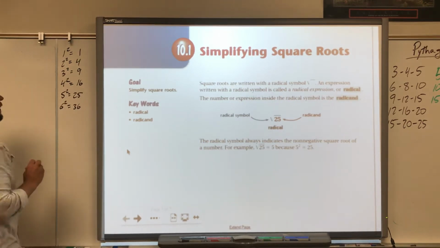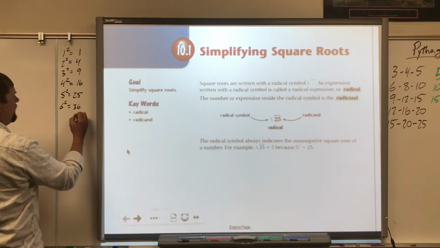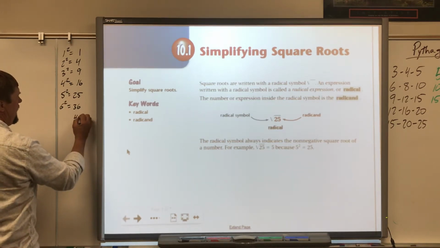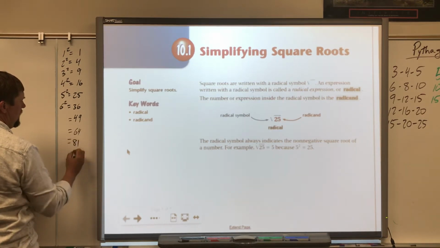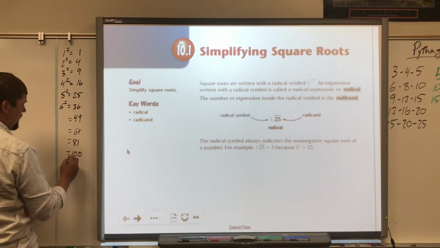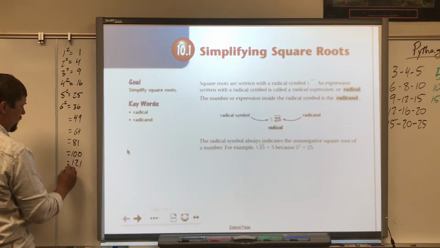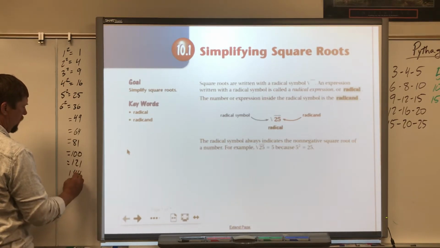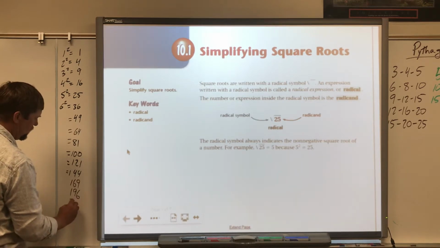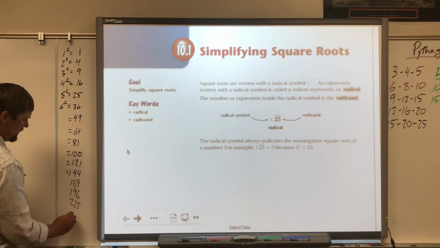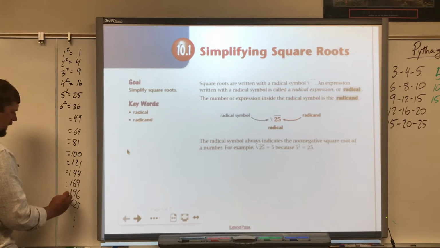So 1, 4, 9, 16, 25, 36, 49, 64, 81, 100, 121, 144, 169, 196, 225, and it continues, are all perfect square numbers.